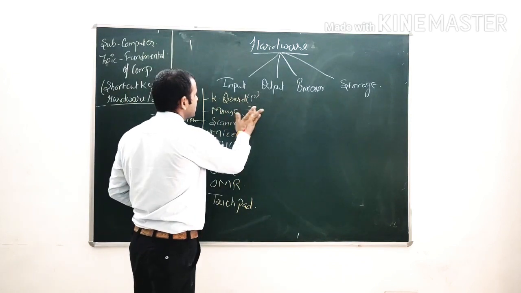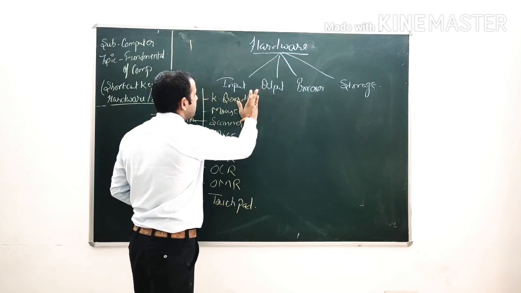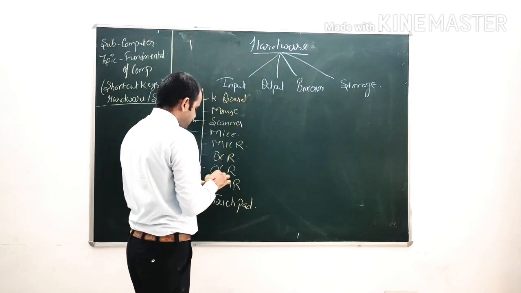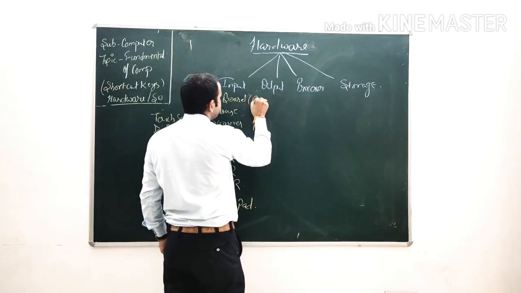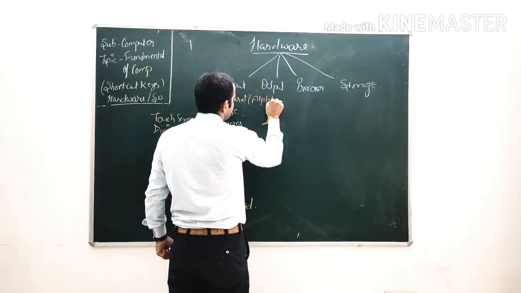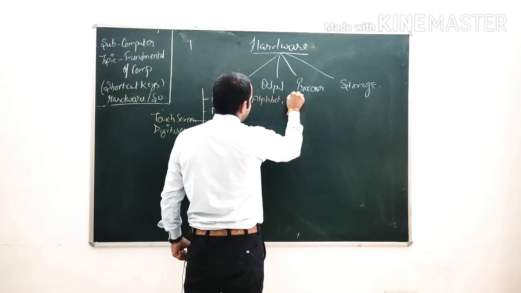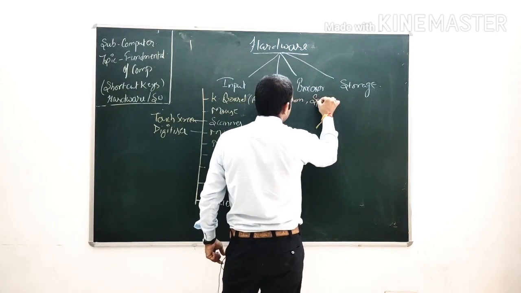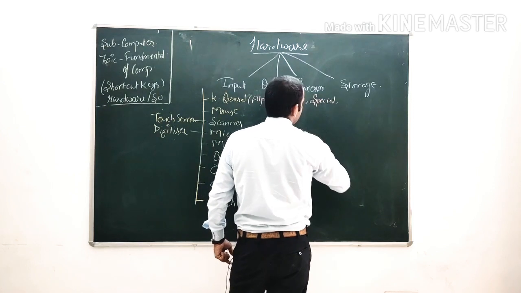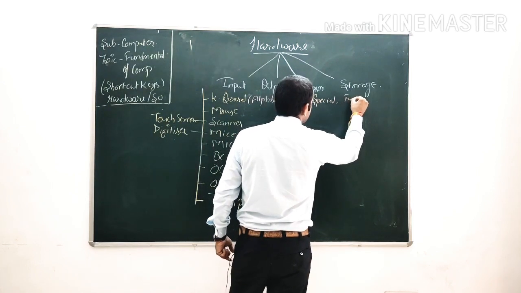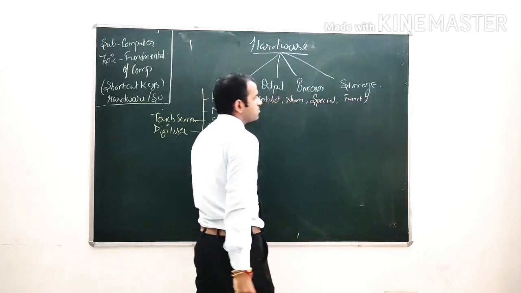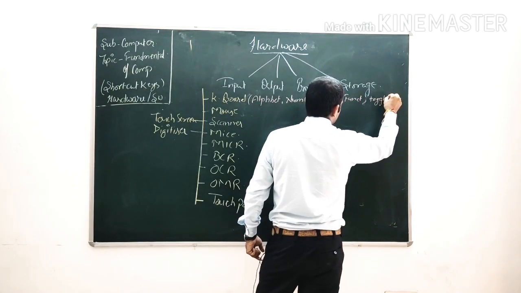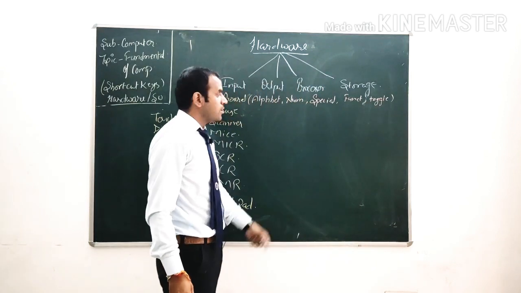Let's discuss firstly the keyboard. So keyboard has some keys. These keys are called some alphabetical keys, some numeric keys, some special keys, okay, some function keys, some toggle keys, okay.